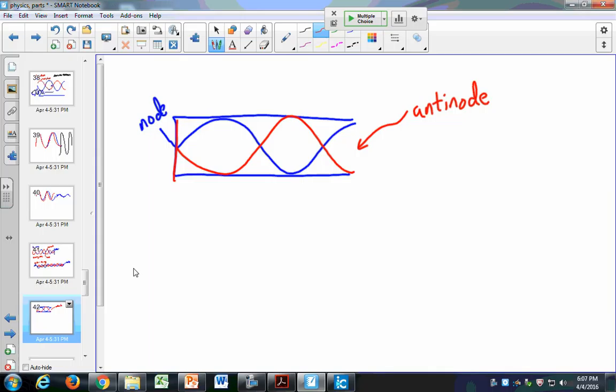But I get a node on this end and an antinode on this end. All right? With a tube that's closed on one end but open on the other end. So anytime you have an open end on a tube, that's going to be an antinode. If it's closed on one end, that's a node. That might seem trivial, but it'll become important when we get into standing waves.